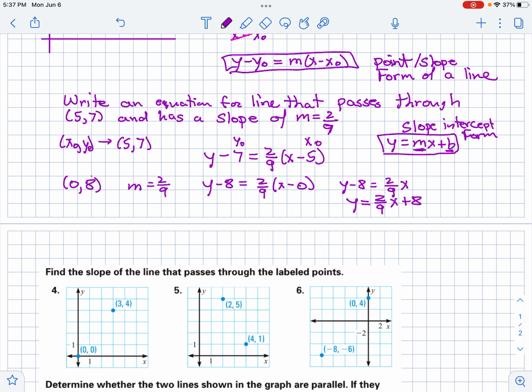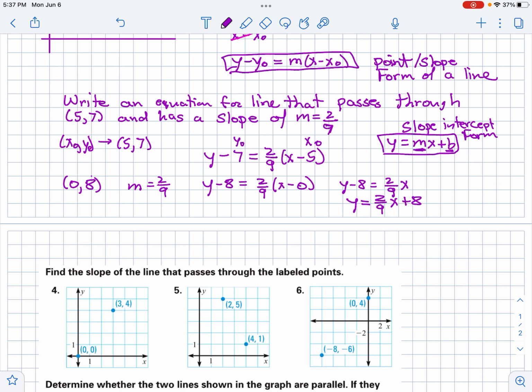Well, I've got my slope and I've got my point, so it's going to go y minus 5 equals negative 5 thirds, because it's parallel, so it has the same slope, x minus a negative 4.